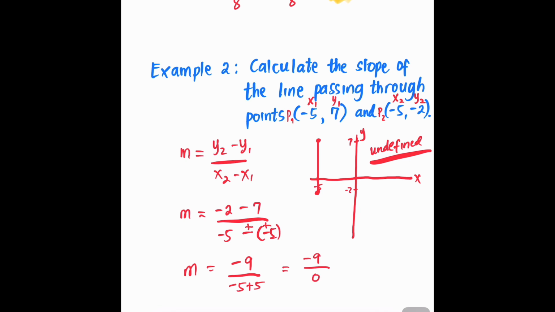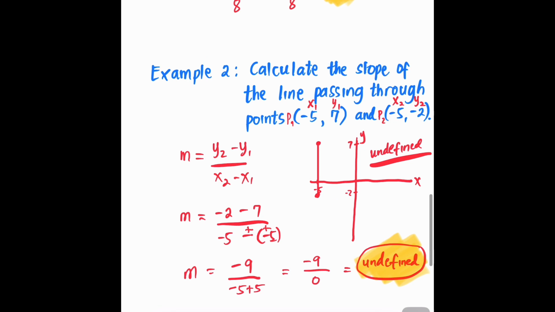So -9 divided by 0 is undefined. You cannot calculate that. Okay. So the answer that we got is -9 over 0, which is undefined. And that actually is proven based on the drawing that we did.